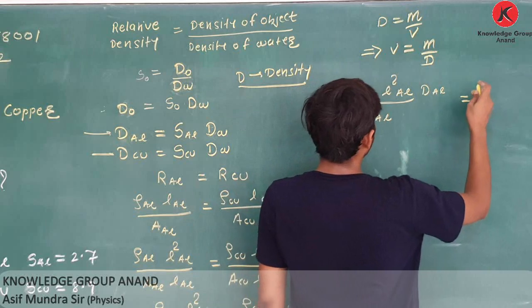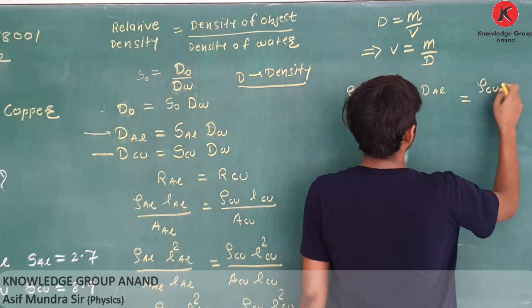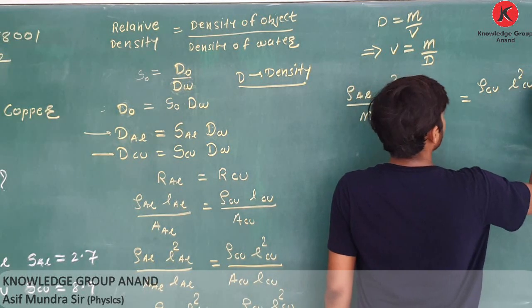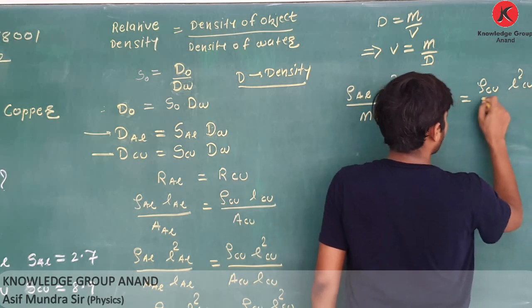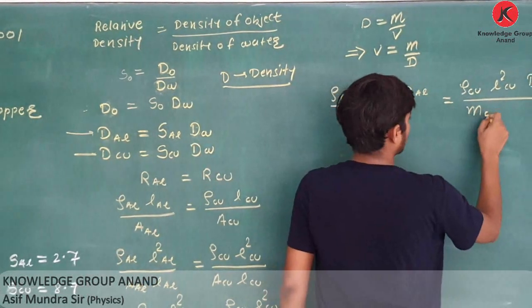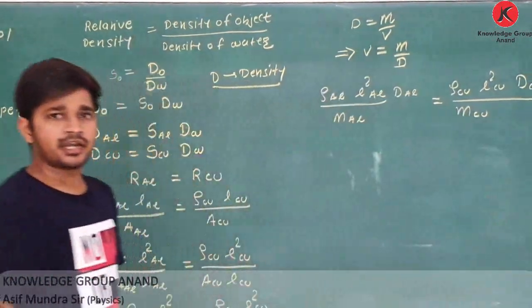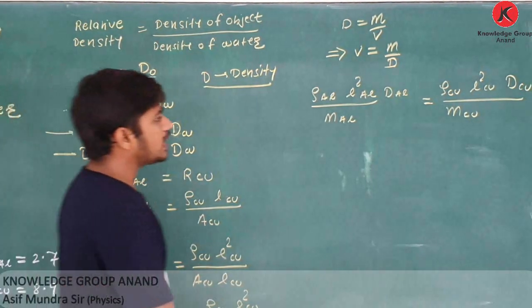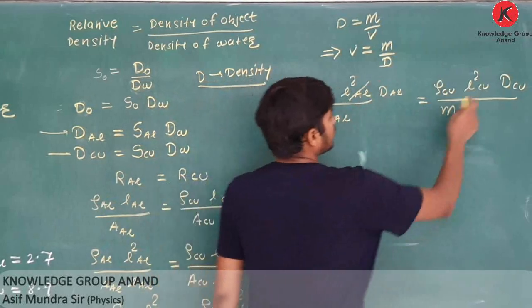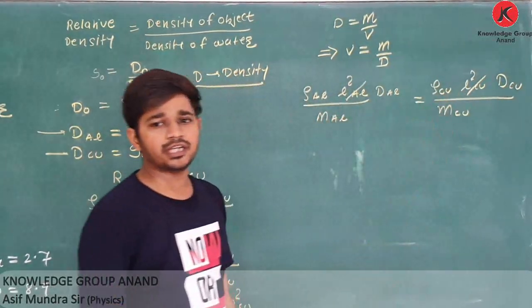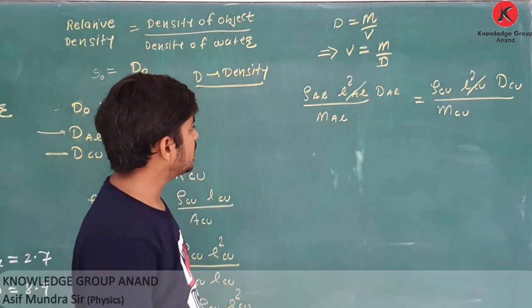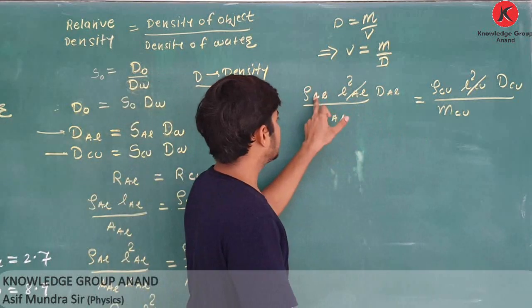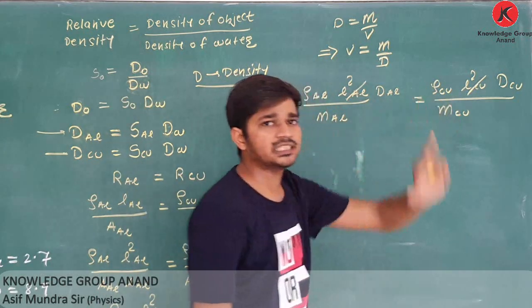So here it is rho of Cu, L squared of Cu, density of Cu upon mass of Cu. Clear about this? Now see here, you are given same length, equal length. Equal length means length of aluminium and length of copper are the same. So it is done. Clear? Then what remains? Mass, resistivity, density.